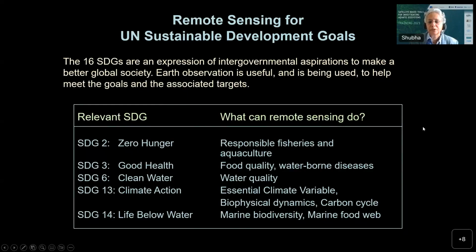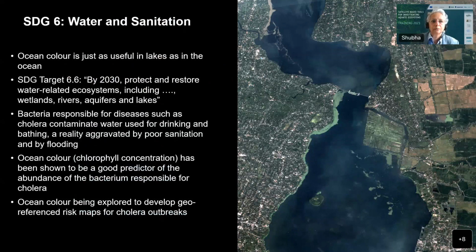And there are many ways in which remote sensing can help. Now, SDG 6 is related to water and sanitation. And SDG 6 has the target of protecting, restoring water-related ecosystems, including wetlands, rivers, aquifers, and lakes by 2030.